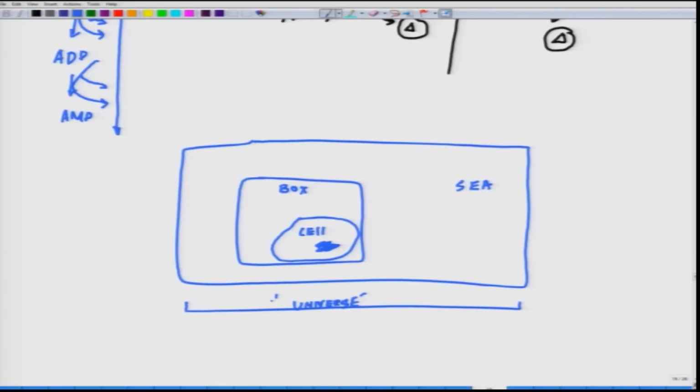Now, an enclosed system is defined as a collection of molecules that does not exchange matter with the rest of the universe. So, this is the enclosed system we are talking about.